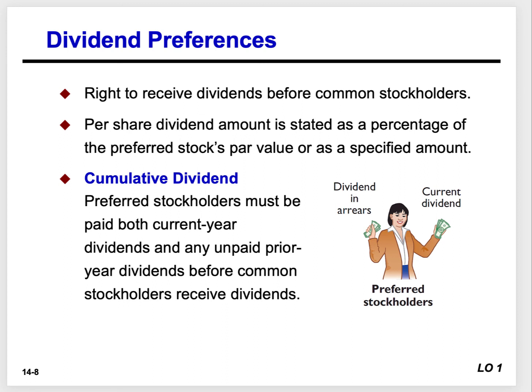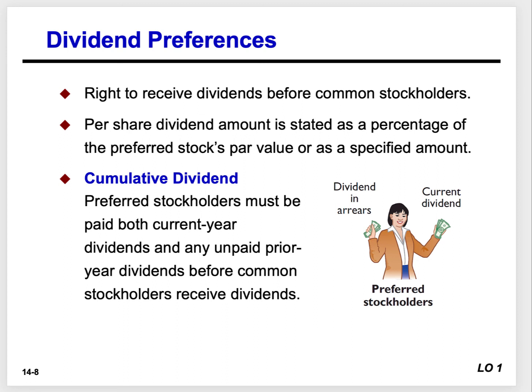Think back to Chapter 13, where we learned that there are primarily two types of stock classes, common and preferred. Dividend preference refers to the preferred shareholders' rights to receive dividends before any common shareholders receive their dividends, okay?